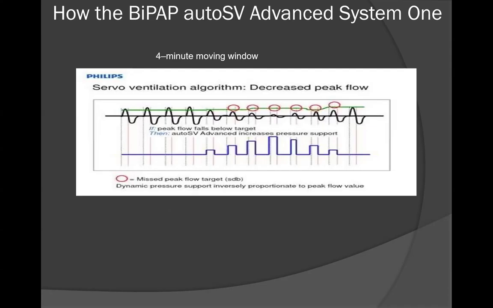The first one was a 3-minute window, looking at minute ventilation. This one is a 4-minute window, looking at peak flow. Okay, the average of this patient's peak flow is at this. Then it creates a 95% target of that. If this patient drops their peak flow just 5%, it will respond and increase pressure support. Very similar, sort of, right?